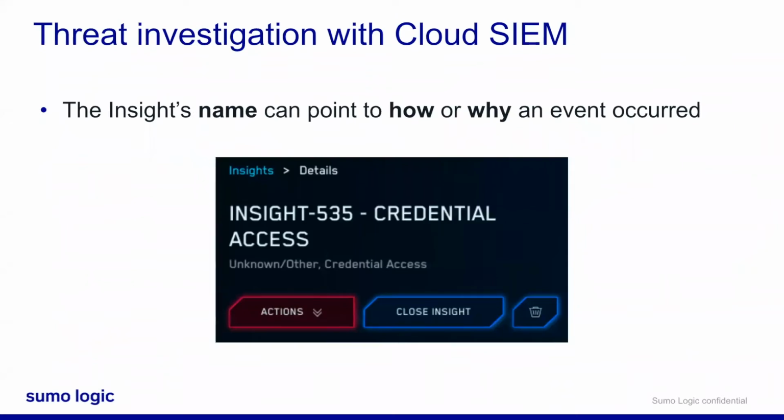Now, threat investigation with CloudSIEM. The Insight page is going to show you everything you need to start unraveling the security event. When signals cluster together, CloudSIEM uses their tactics and techniques to name the insights they generate. The insight's name can point you to how the event occurred or why the adversary is behaving that way.